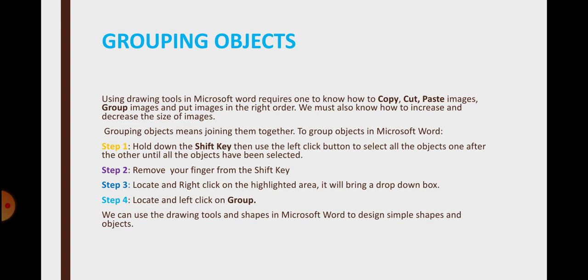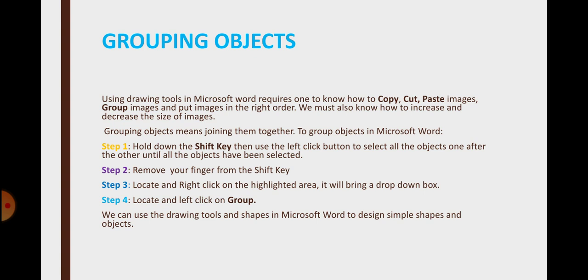I believe that at the end of this class, you would have learned how to design quantitative exercises, and also be able to use the knowledge gained to do other creative things in Microsoft Word. So what are the steps to grouping an object?